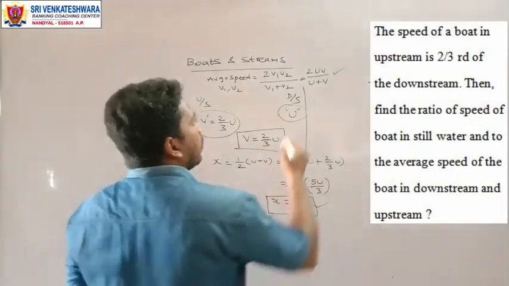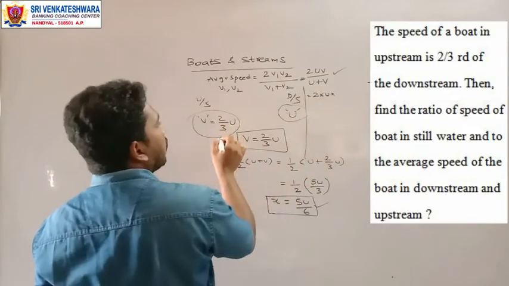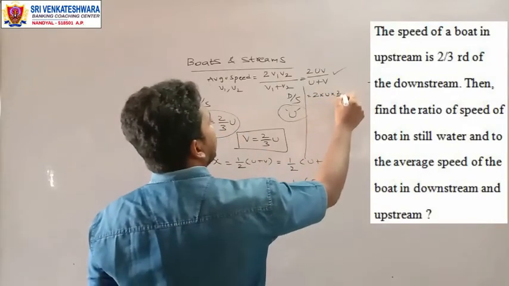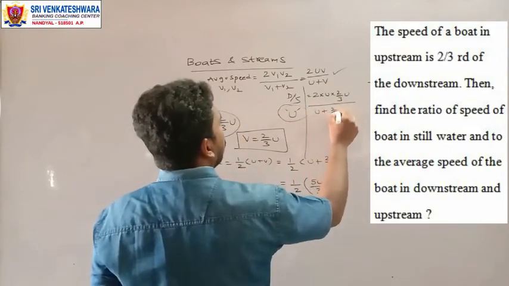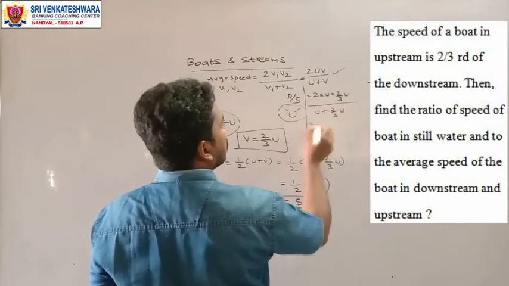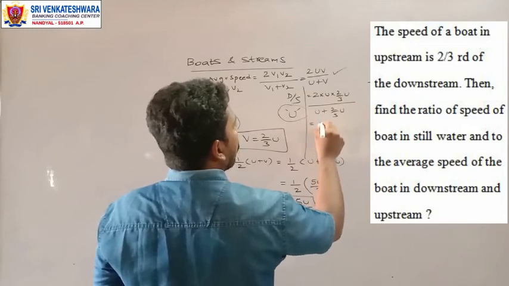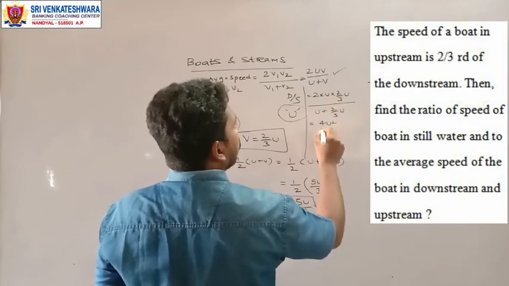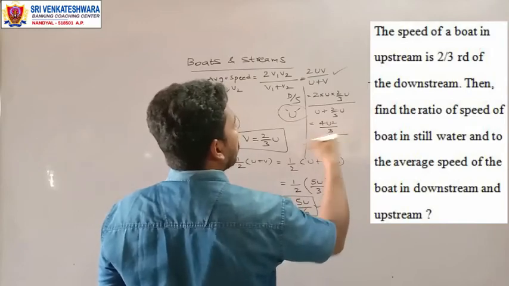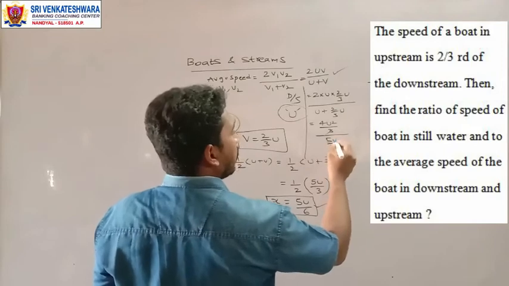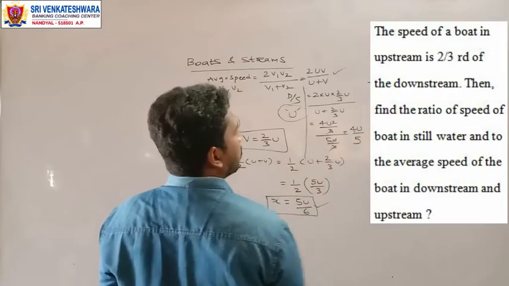Then 2 into U into V in terms of U, this will be 2 into U into 2/3 U, divided by U plus 2/3 U. This will be 4U square by 3 by 5U by 3, and now U gets cancelled and this will be 4U by 5.